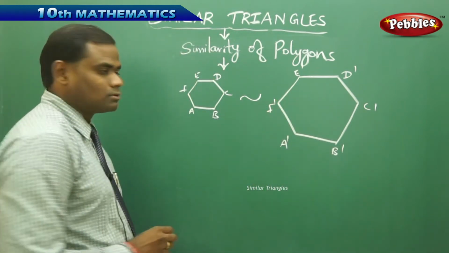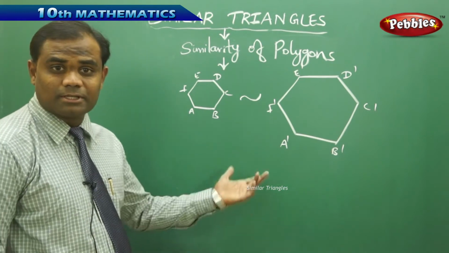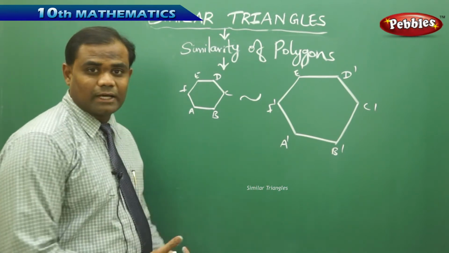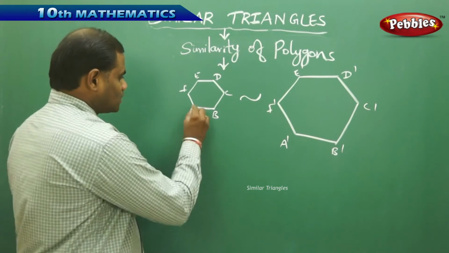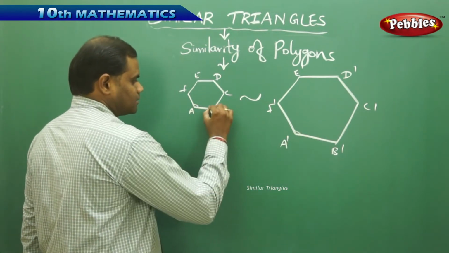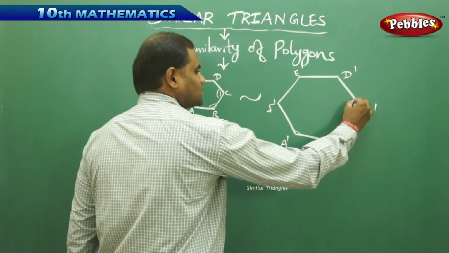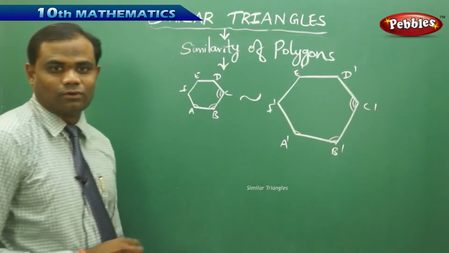Now these two polygons, which are hexagons, six-sided figures, are said to be similar in the same manner as we have defined for triangles. And the corresponding angles, angle A must be equal to angle A dash, this equal to this, and so on and so forth.